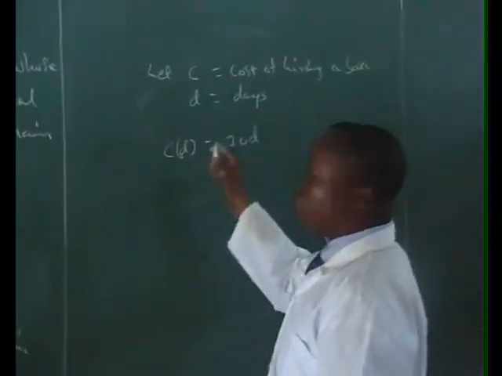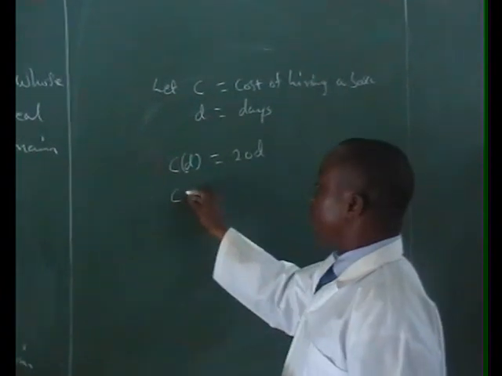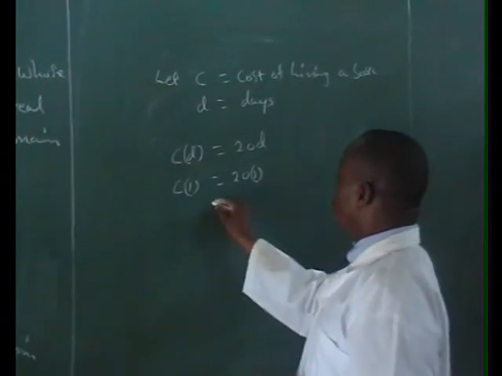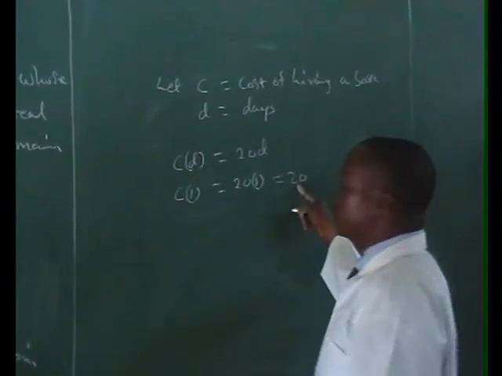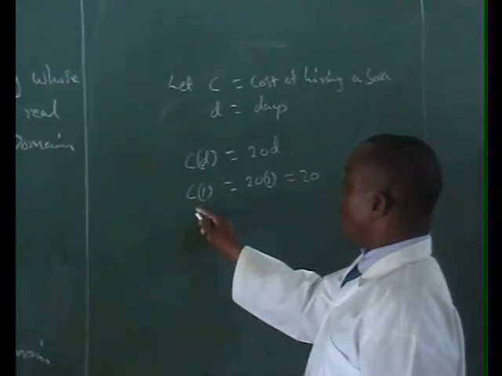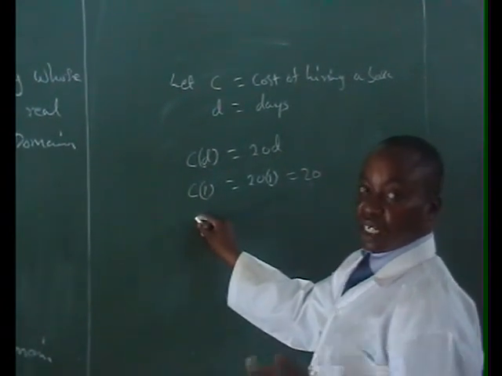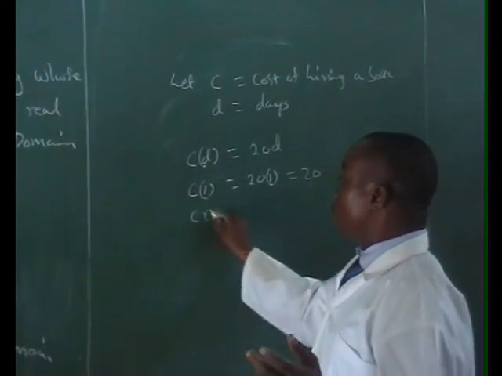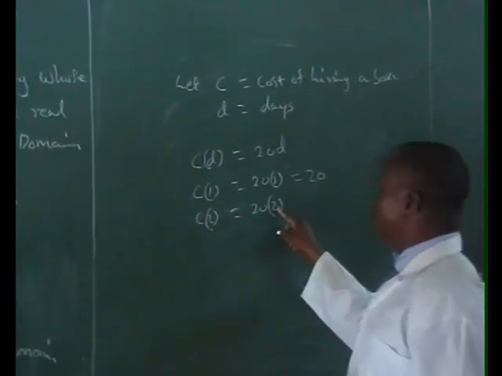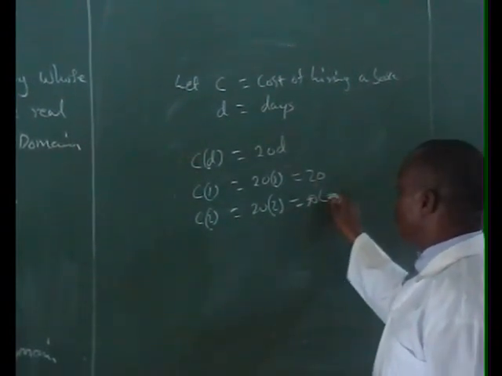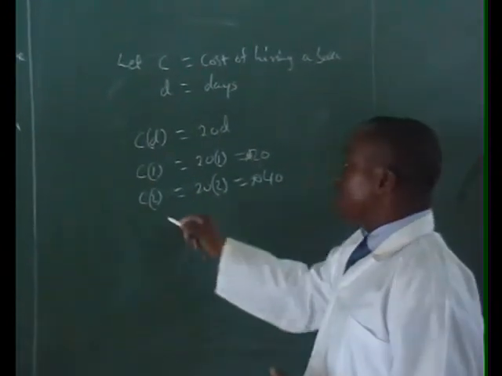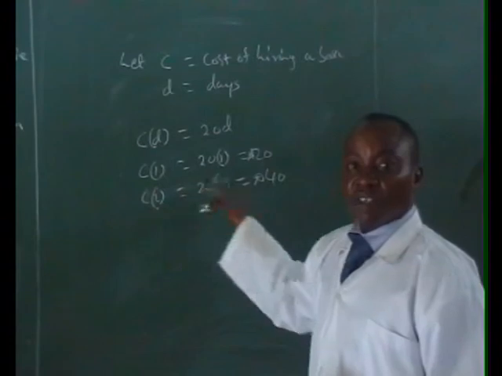So if it is 1 day, then C of 1 will be equal to 20 of 1, which is 20. So that is 20 naira. And then if it is 2 days that I'm holding the book, it means C of 2 will be equal to 20 of 2, which is what? 40 naira. So you can see that the cost here depends on the number of days.